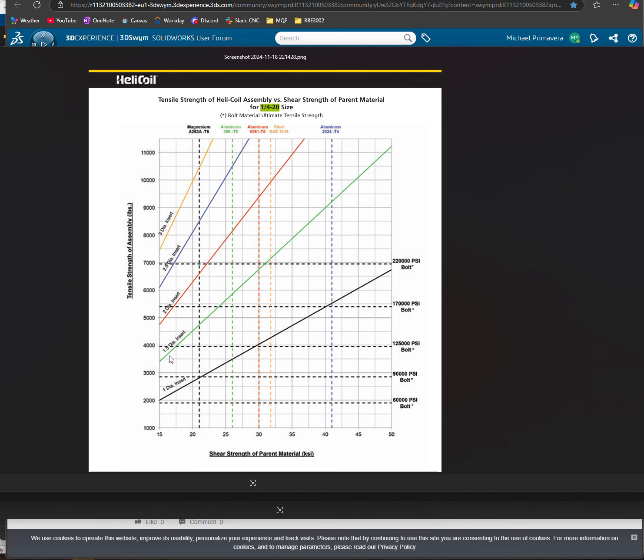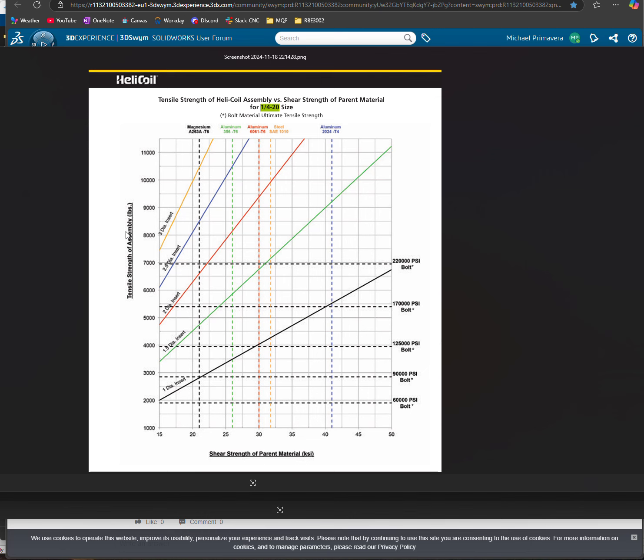In this case, I chose a 3/8 inch length, which is 1.5 times the diameter. Where that length intersects the 6061, you go across and we have roughly 6,750 pounds of tensile strength, which at first I thought must be a mistake. I must not be reading this correctly.